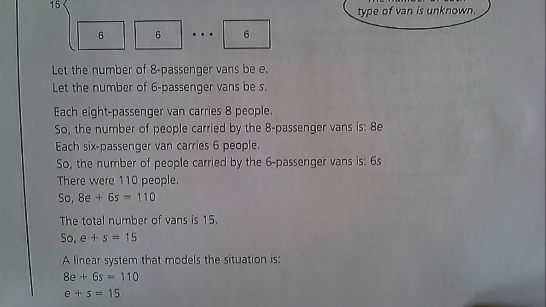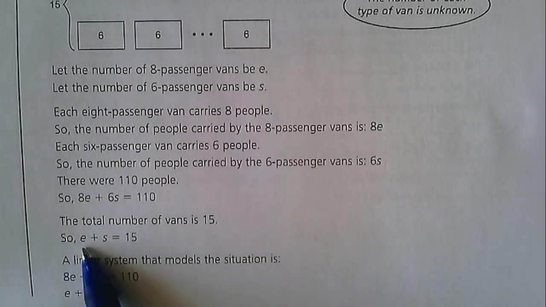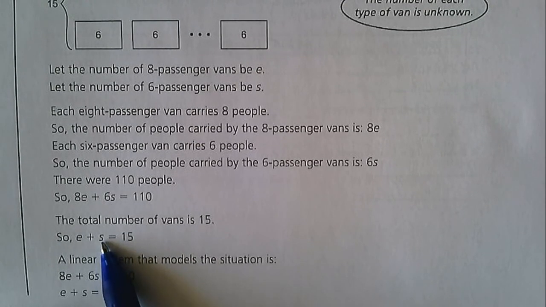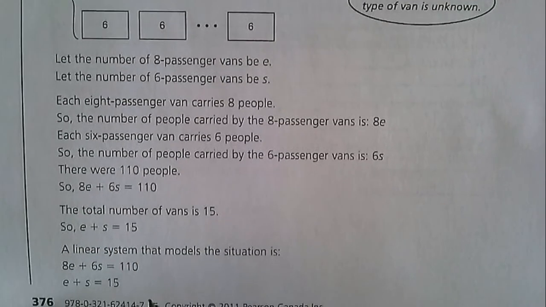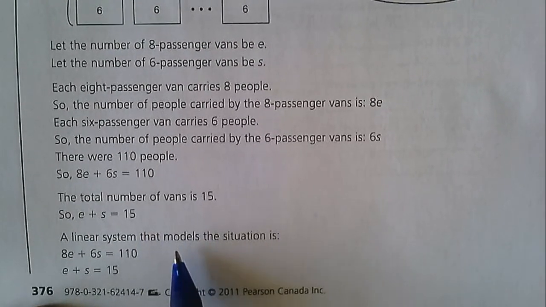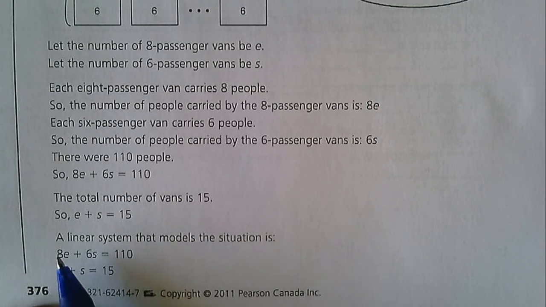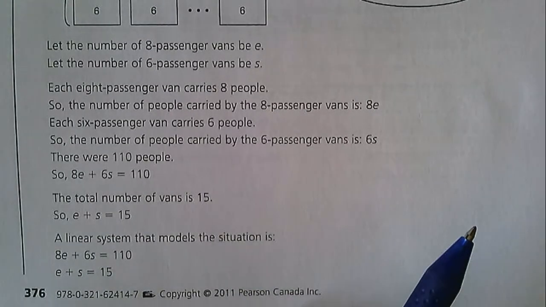We also know that the number of 8 passenger vans plus the number of 6 passenger vans equals 15. So we can come up with the equation E plus S equals 15. So our system that models this situation is 8E plus 6S equals 110. Remember, that's the number of people. And E plus S equals 15. Remember, that's representing how many of each type of van.